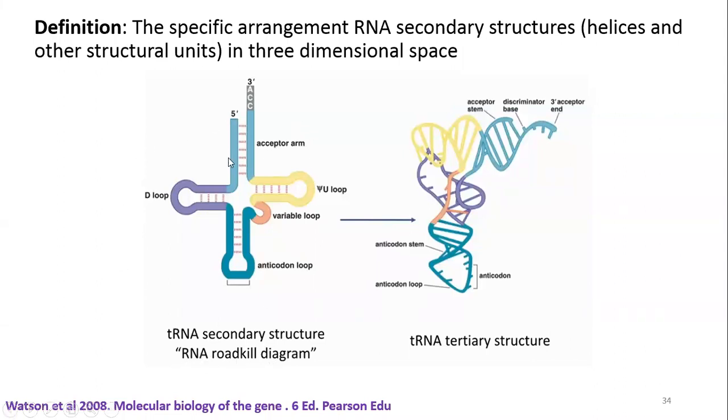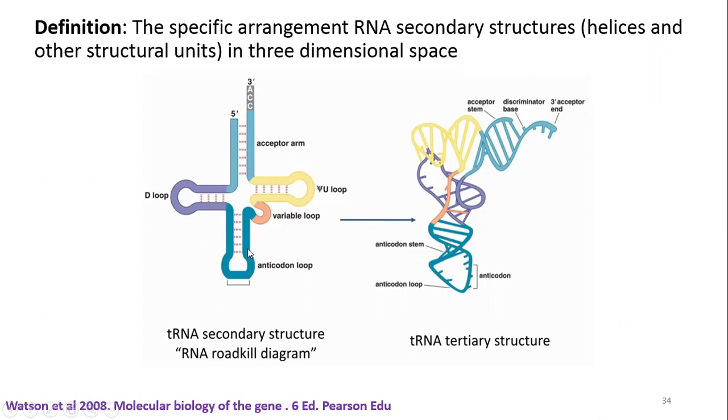And most molecular biology books show this tRNA roadkill diagram. So you might already be aware of the tRNA's secondary structure. It has 1, 2, 3, 4, and 5 arms. This arm is called the D loop arm.